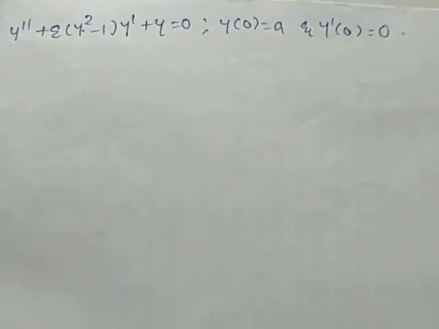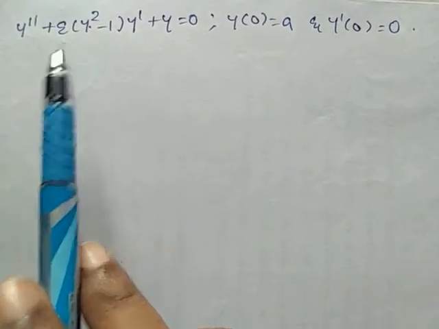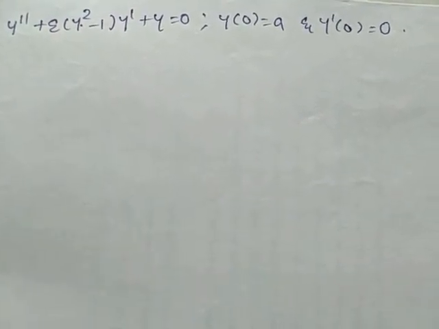Again we are going to solve another van der Pol oscillator problem, and here we are going to find two terms using the perturbation method.